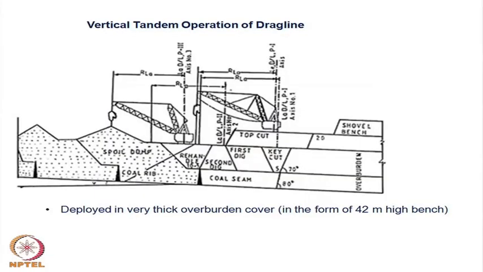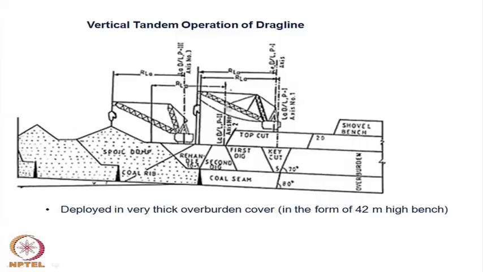So, next is your vertical tandem. Now, what I said, vertical tandem means the two draglines will be at two levels, as this diagram has shown, that is you have got one dragline at this level and the other dragline at this level.